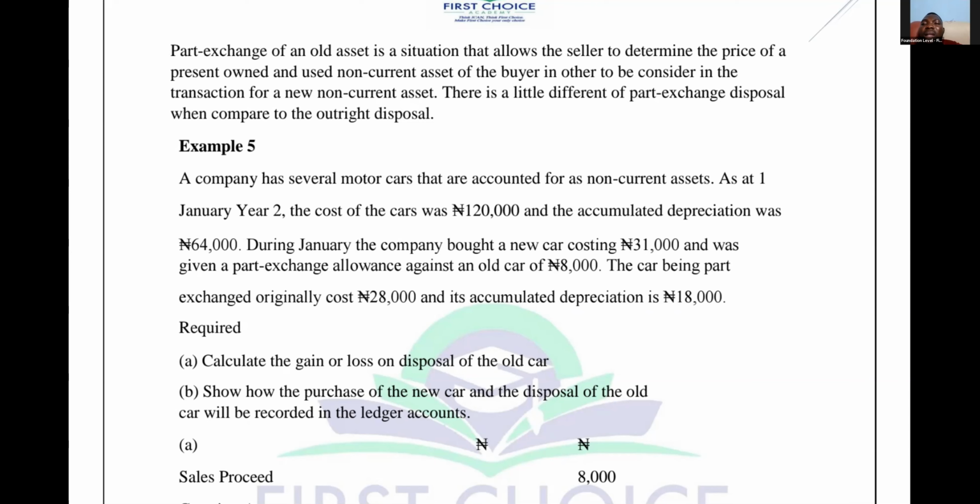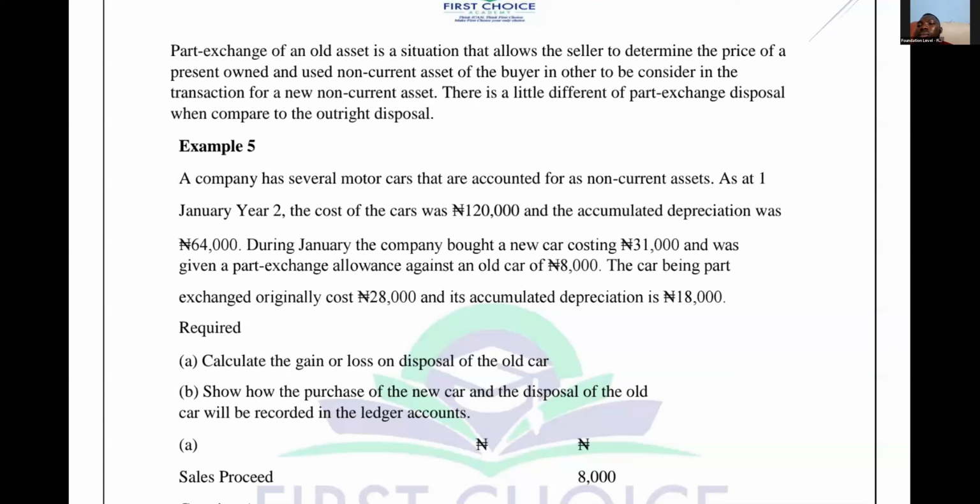The car being part exchanged originally cost 8,000, and its accumulated depreciation is 18,000. Required: A, calculate the gain or loss on disposal of the old car. B, show how the purchase of the new car and the disposal of the old car can be recorded in the ledger account.